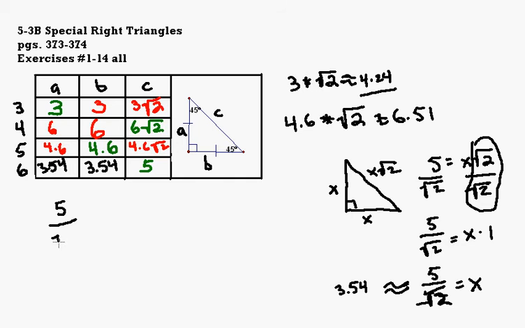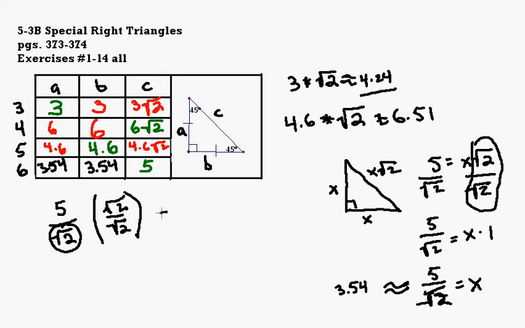So right here we have 5 divided by the square root of 2. The way to get rid of the square root in the denominator is by multiplying the fraction by a form of 1. And we're going to use the square root of 2 over the square root of 2. So I'm basically taking this square root and multiplying it by itself, and what I do to the bottom of a fraction I do to the top in order to keep it equal.